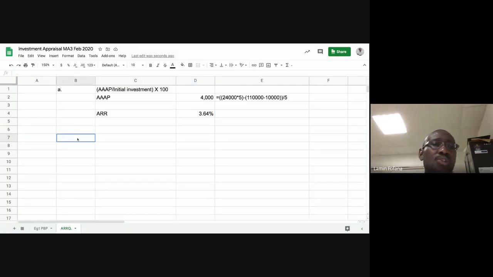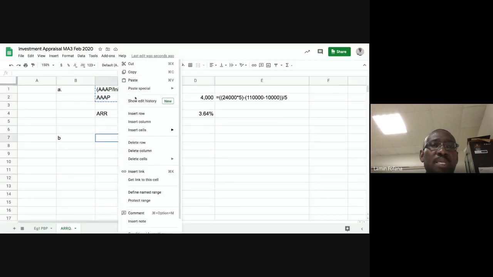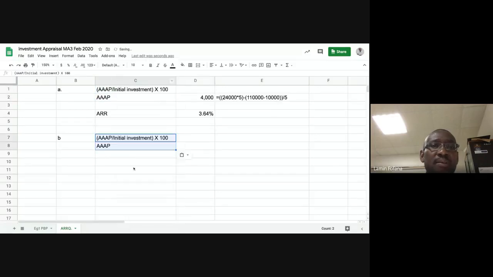Okay, so we can come to B. So what is B? I'll just copy this, paste it here, and amend it. So the denominator will not be the initial investment, but it will be the average investment.